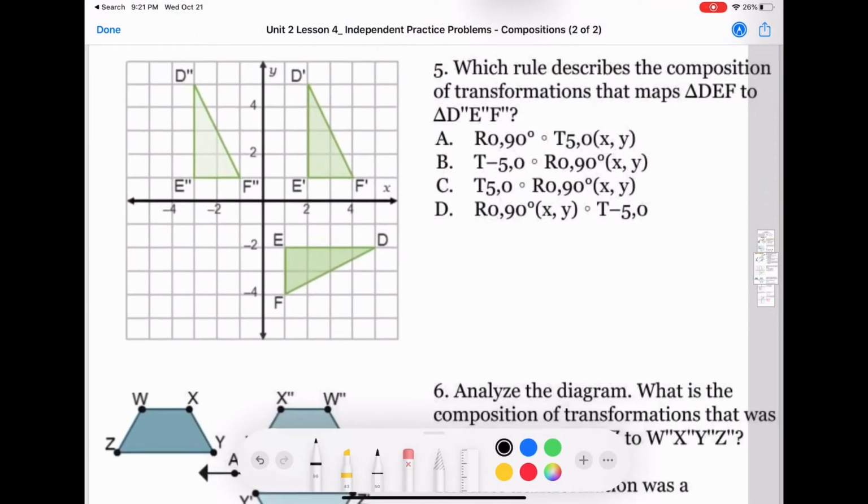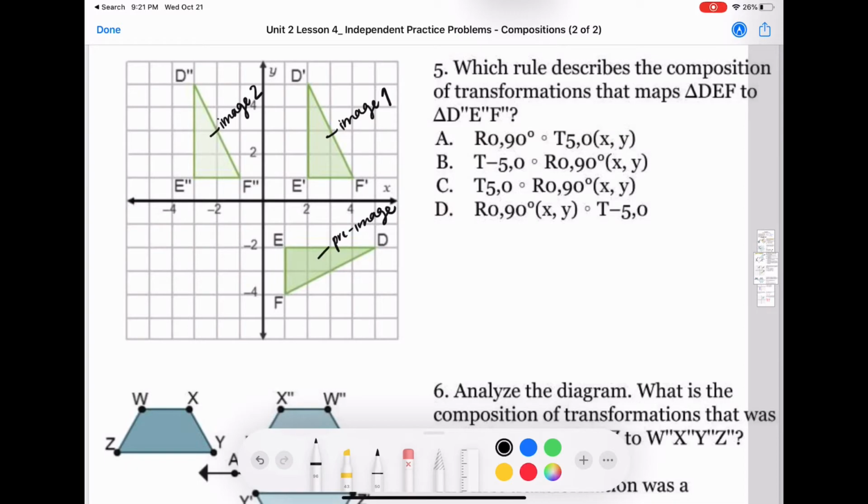This problem states, which rule describes the composition of transformations that maps the pre-image DEF to our resulting image, image 2, D double prime, E double prime, F double prime. So what we want to do is, like always, identify the pre-image, the image after the first transformation, and then the image after the second transformation.